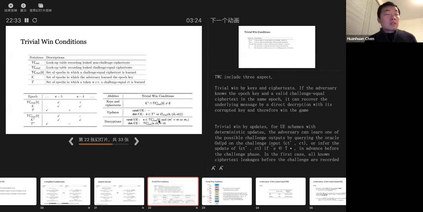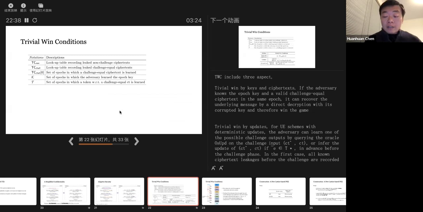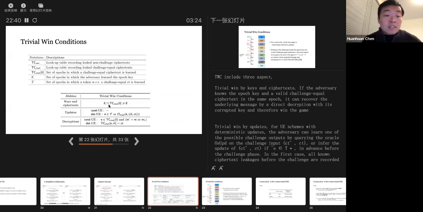Even though we give a full analysis of the extended leakage set, we prove that it is sufficient to check the trivial win condition on the original lookup tables. We prove that it's actually equivalent, and for the update algorithm and the decryption algorithm, we can restrict those conditions in the algorithms.